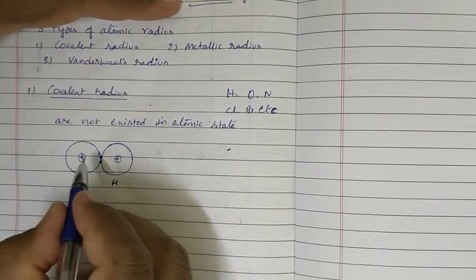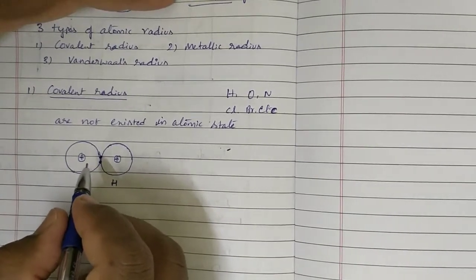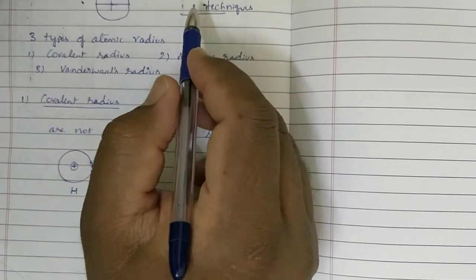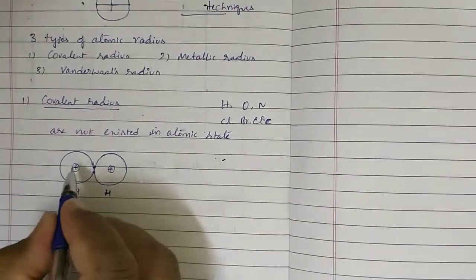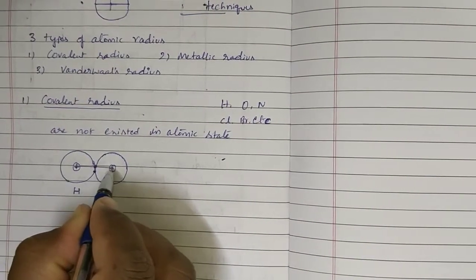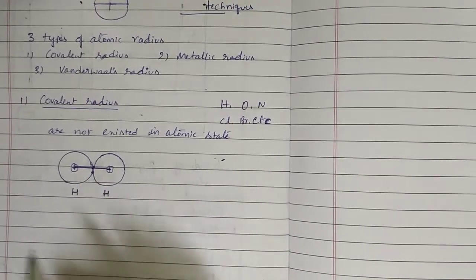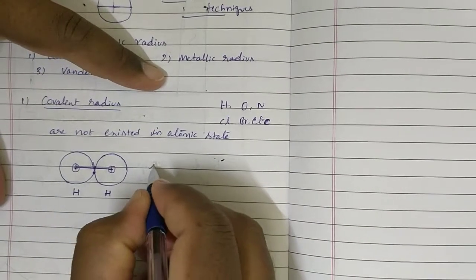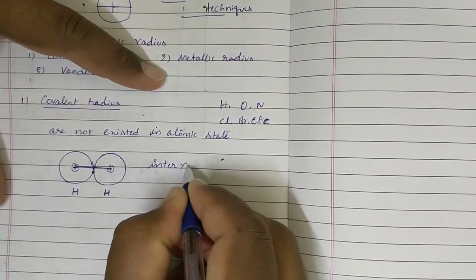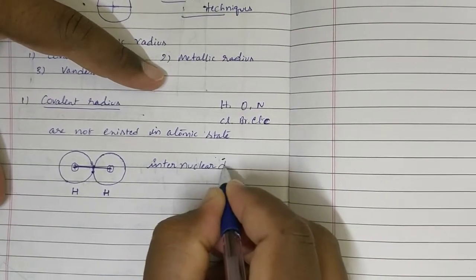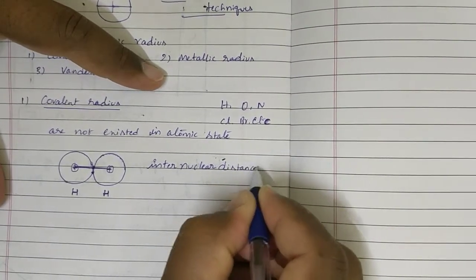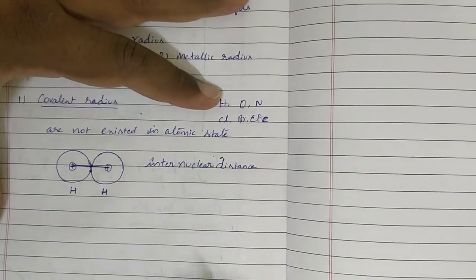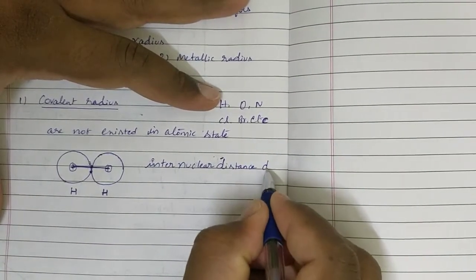Scientists, by using X-ray diffraction techniques, are able to find the distance between the nuclei of two atoms. The distance between the nuclei of two atoms is called internuclear distance, represented by small d.